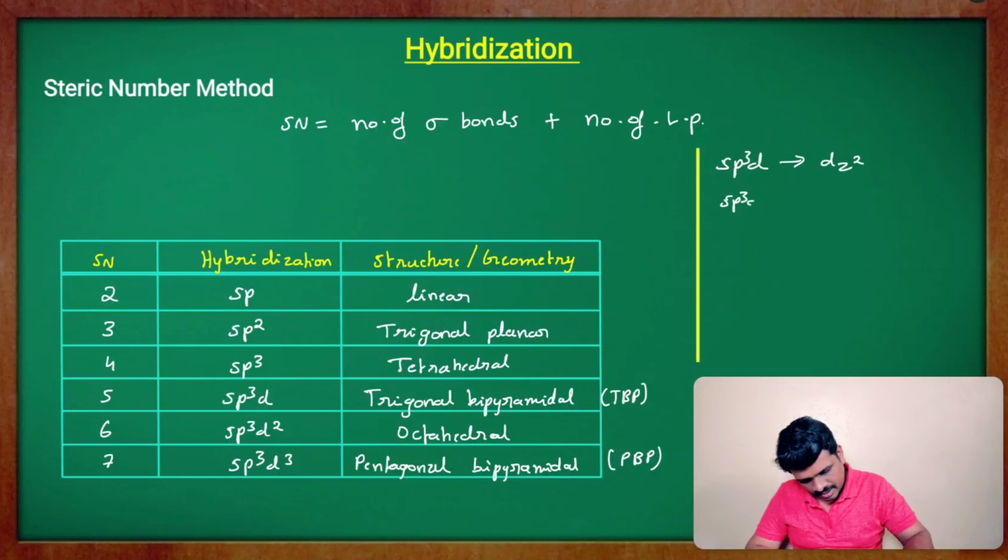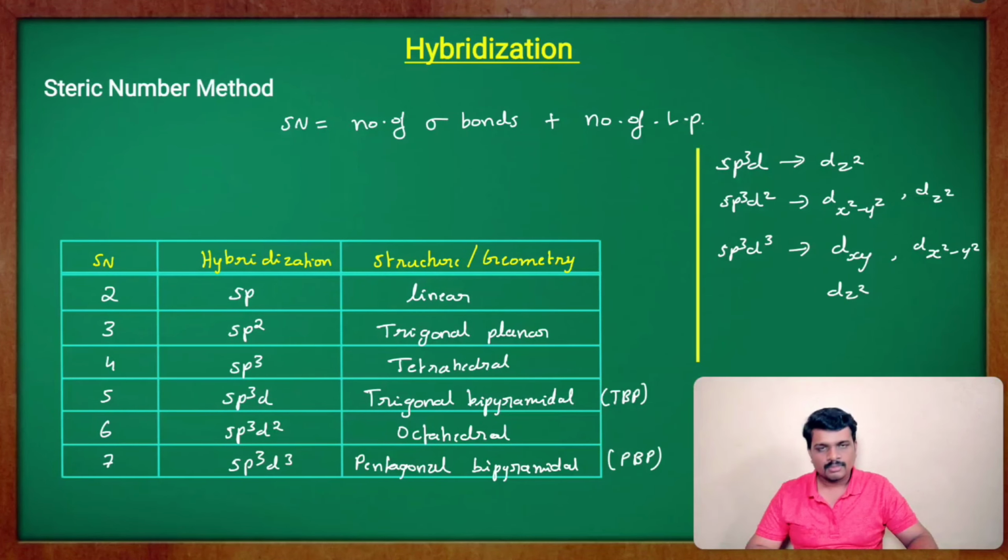In case of sp3d2, the d orbitals undergoing hybridization are dx square minus y square and dz square. In the same way, in case of sp3d3, the d orbitals undergoing hybridization are dxy, dx square minus y square and dz square.